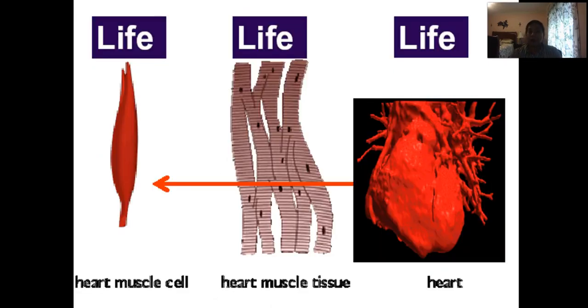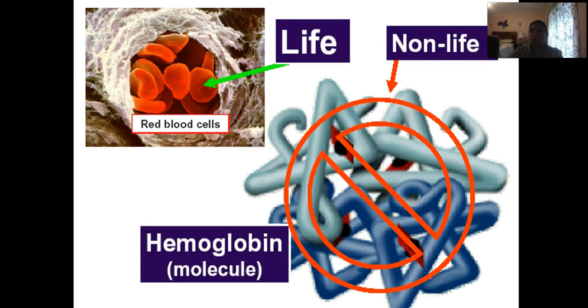So looking at this again, whether you're looking at a heart, a whole organ, a small piece of tissue within that organ, or individual cells within that tissue, all of those represent life or a living thing in some way, shape, or form.